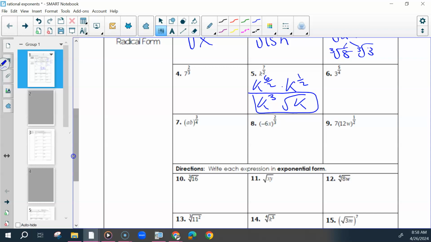Isaiah, how could we write this in radical form? Start with the number outside of the root. What would that be? Look at the denominator. That would tell you.